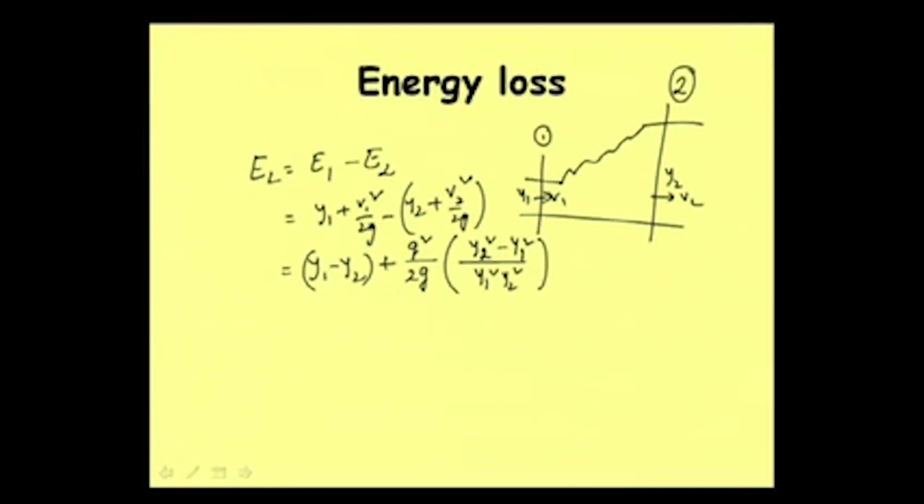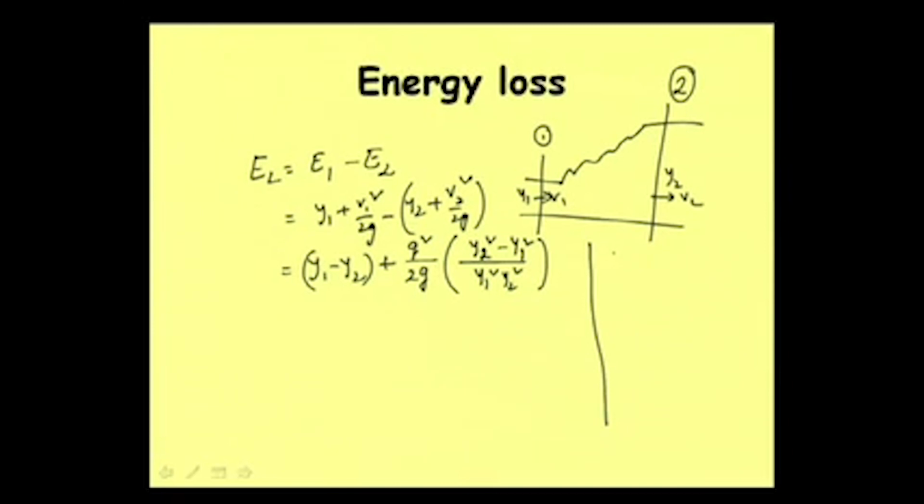Just writing v1² minus v2², if we bring it in this form, it becomes 1 by y1² minus 1 by y2², and if we summarize, we can write it in this form. Now this particular expression, q²/2g, if we recall our earlier discussion, we can write in a different way.